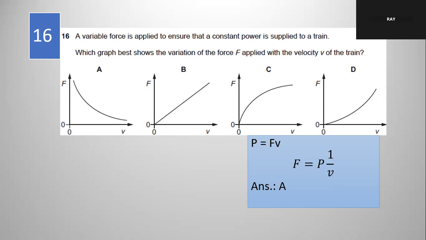You must read the whole question. This one tells you constant power. Then they tell you force, velocity. So this must be related by the formula. Rewrite it, and this is how you argue it out. That's the graph. Hyperbola.